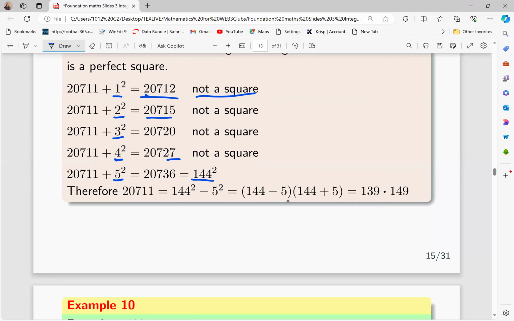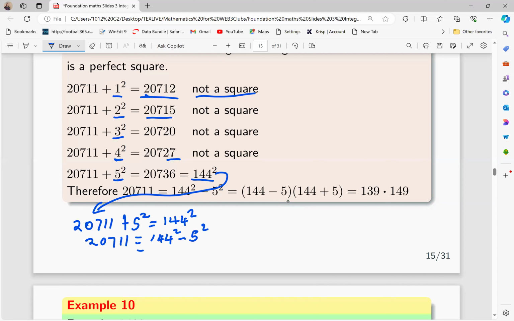So from this step, what do we do? What we have on the right-hand side is 2711 plus 5 square, and this is 144 square. So just take 5 square to the other side of the equal sign. You have 2711 is 144 square minus 5 square.